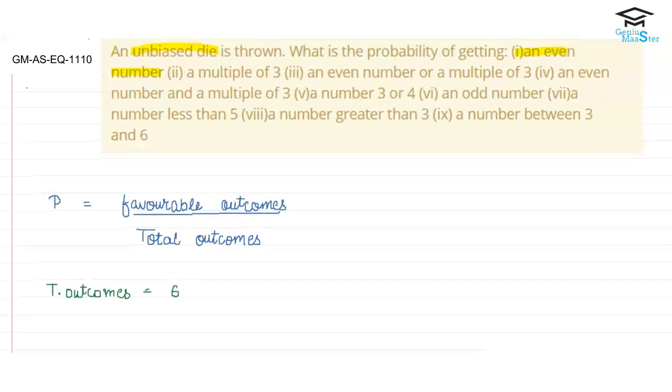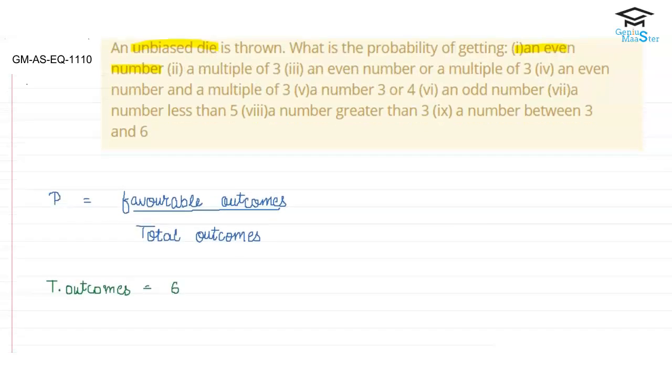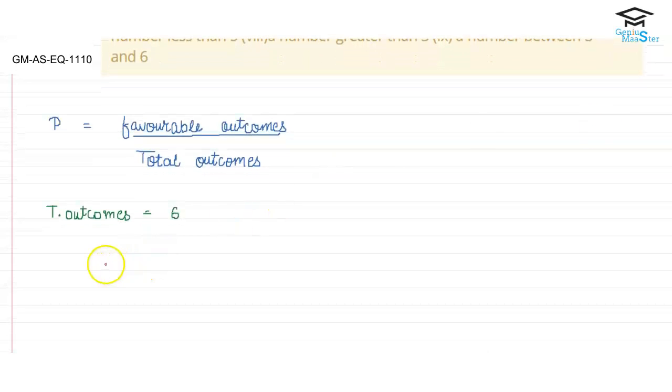So in the first part, that is probability of getting an even number, we have to see what our favorable outcomes are. So even number could be 2, 4 or 6. So there are total 3 favorable outcomes. So our probability will be equal to favorable outcomes upon total outcomes, which is equal to 3 by 6, and we cancel it, we get 1 by 2.